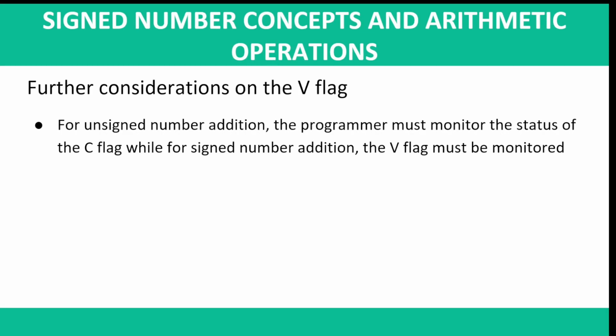Okay. And then we also have further considerations for the overflow flag, and that is the programmer must also monitor the status of the carry flag for unsigned numbers, as we discussed earlier. For signed numbers, the V flag must be monitored.